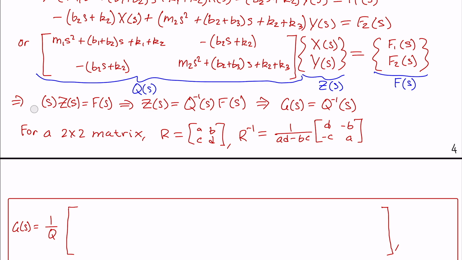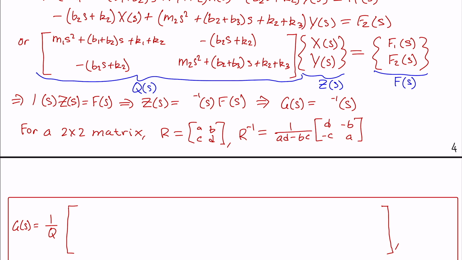Hold on, let's change that to A. I called this big matrix Q, and I'm changing that to A because I used Q later on and didn't realize it.